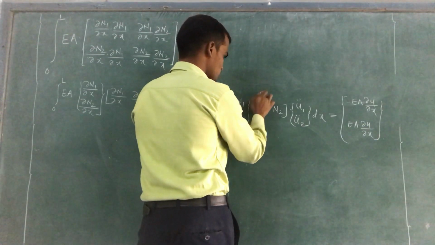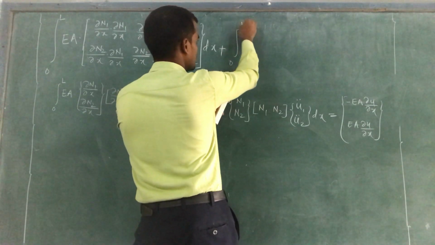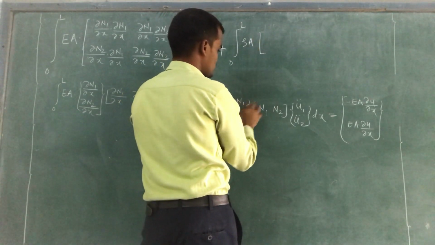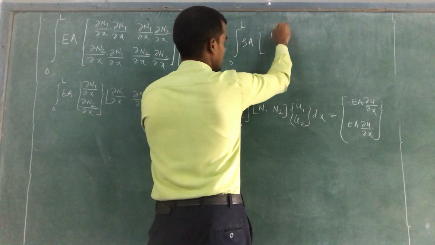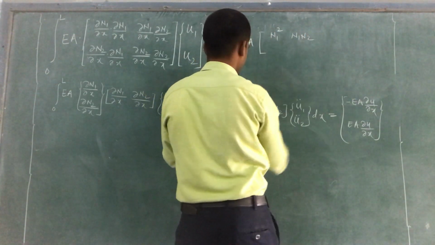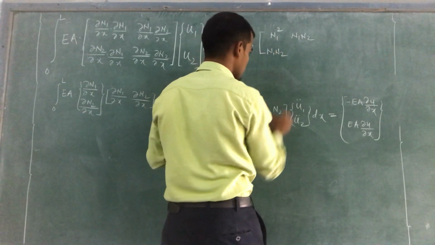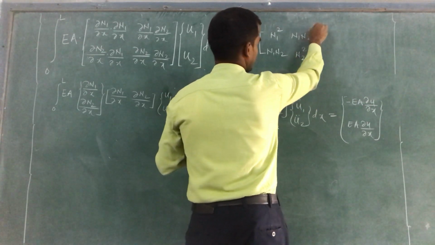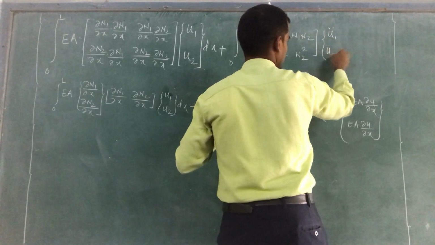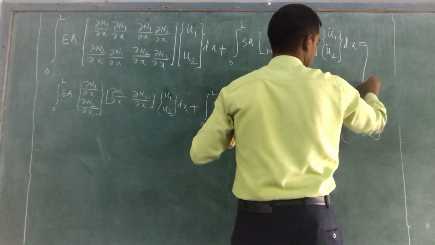So this will become integration 0 to L rho A times: first row into first column, that is N1 square, first row into second column, that is N1 N2, second row into first column, that is N2 N1, and second row into second column we will get N2 square, into u1 double dot, u2 double dot into dx is equal to this term.